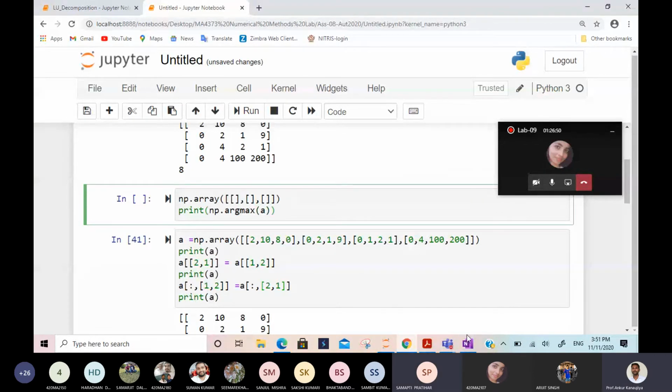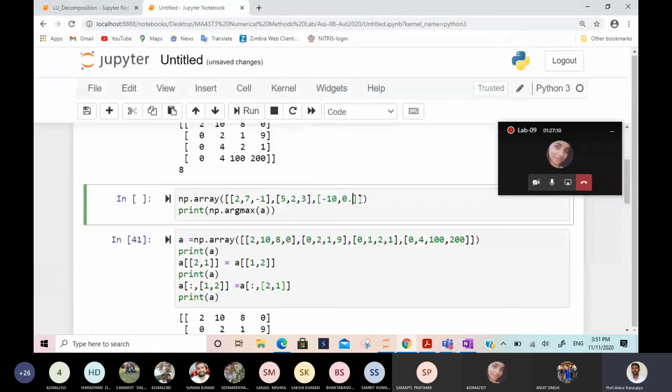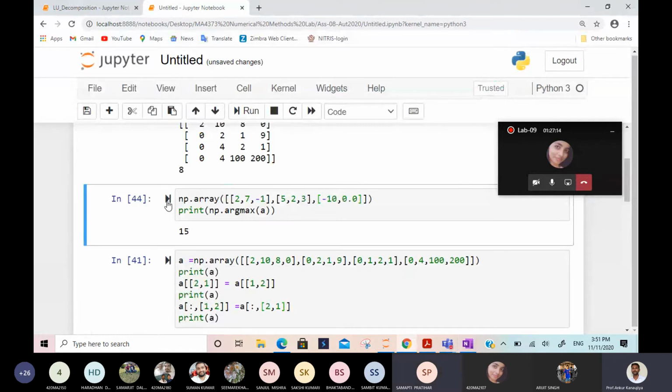Now I will write the matrix entries. 2, 7, minus 1, then 5, 2, 3, minus 10, last two entries 0, 0. It is giving 15. Okay, so I will write here, this is the matrix A1.